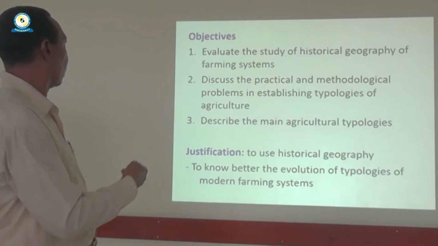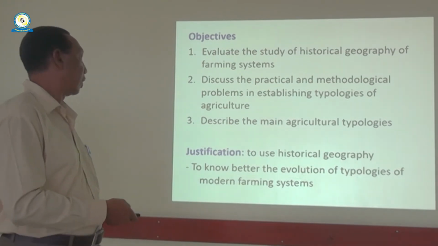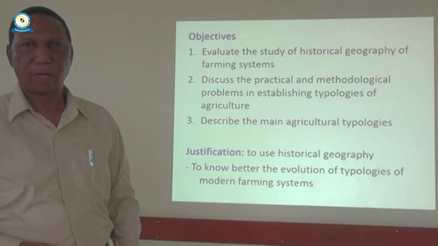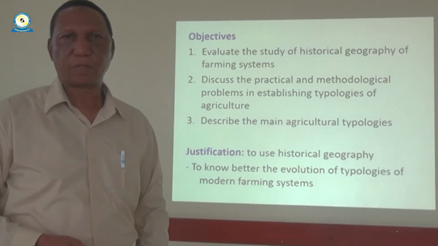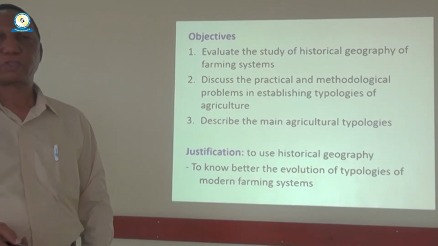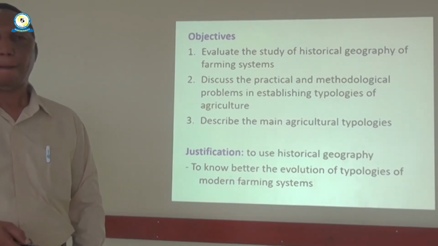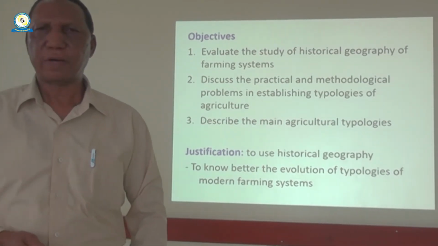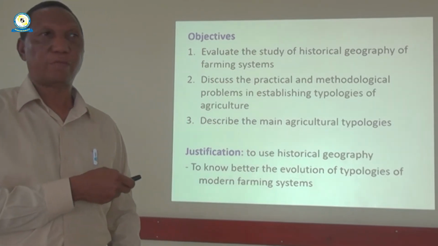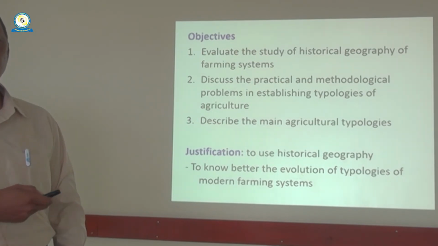So the objectives are: first, to evaluate the historical geography of farming systems. Second, discuss the practical and methodological problems in establishing typologies of agriculture, and lastly, to describe the major agricultural typology. As I said in the previous topic, you can't avoid going back to history.